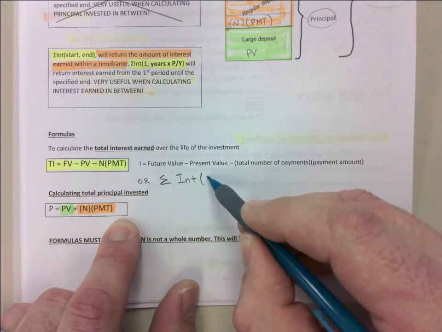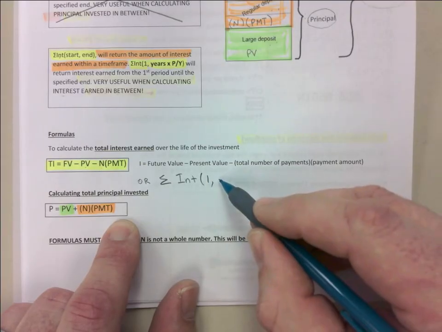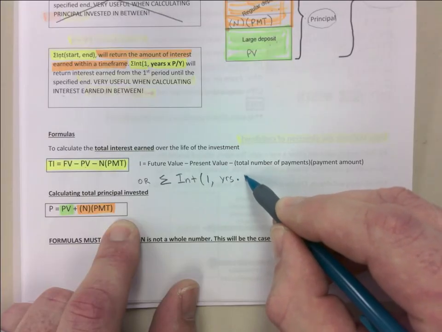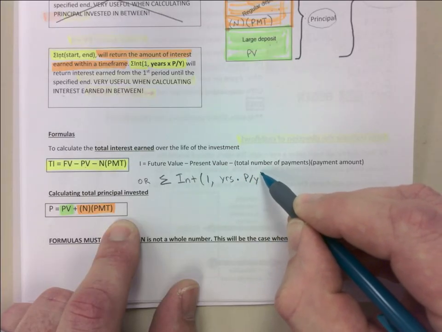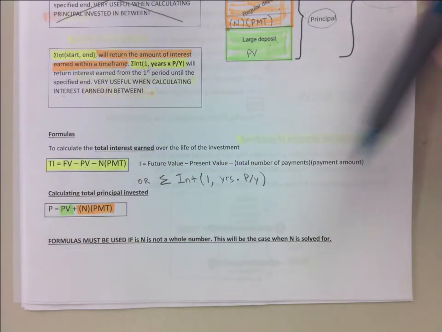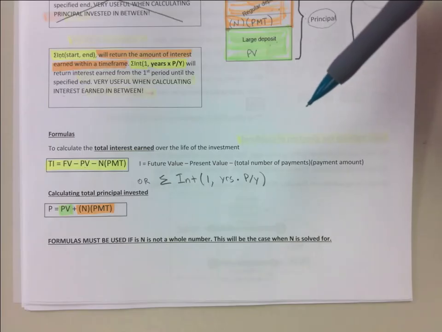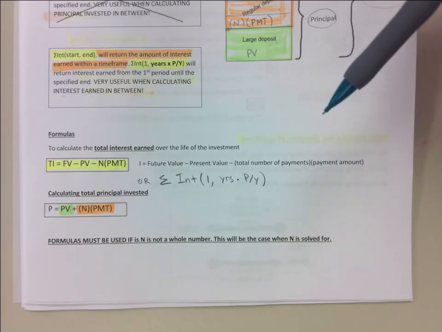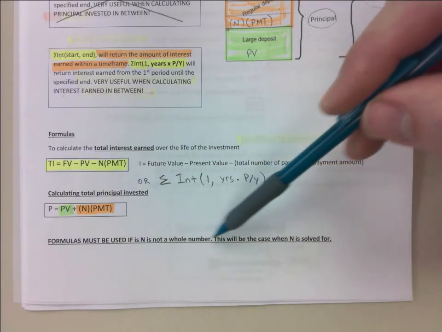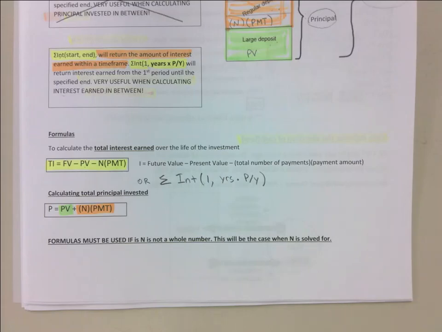And you're going to go from 1 to years times PY. Formulas must be used if n is not a whole number.